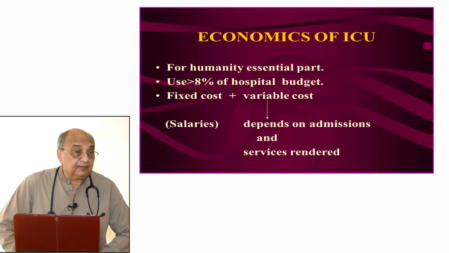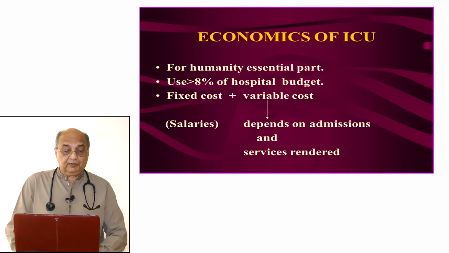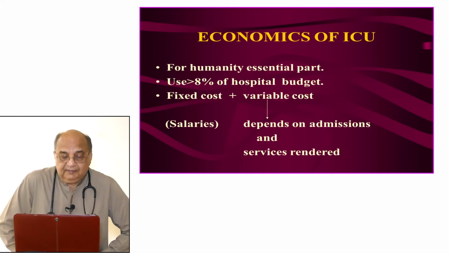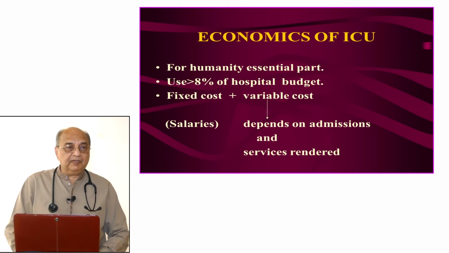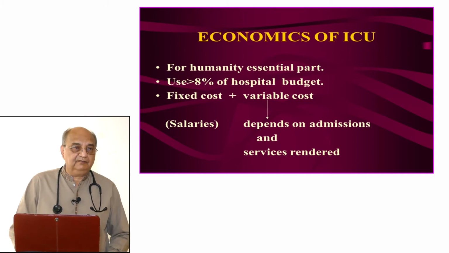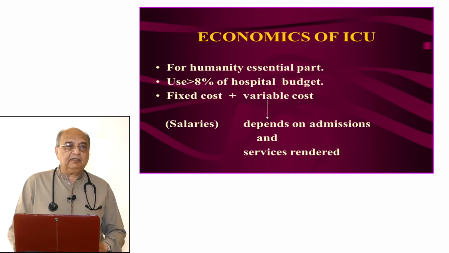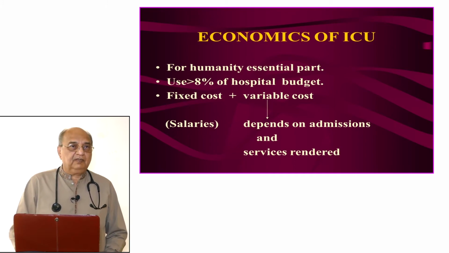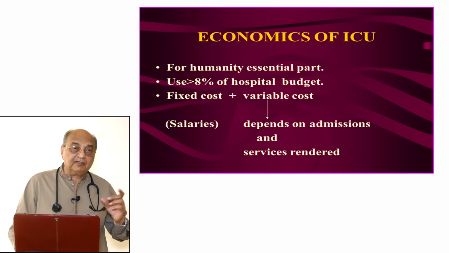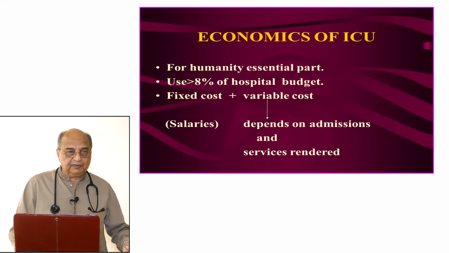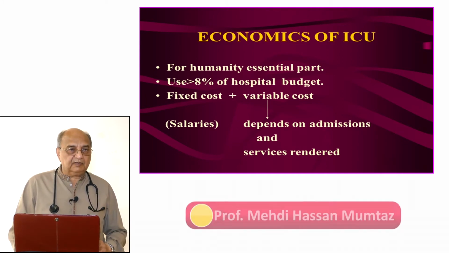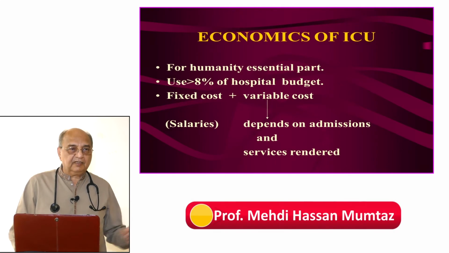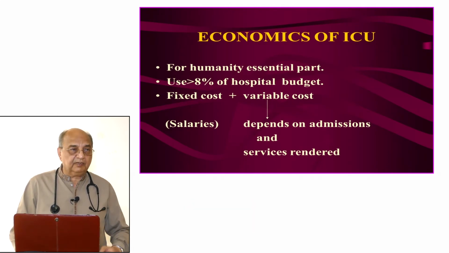Now, economics of ICU. For humanitarian purposes, it's a very essential part of the hospital. Now they are labeling it as critical care units. One of the critical care units is the intensive care unit. Others are the neonatal intensive care unit, NICU, then the pediatric intensive care unit, PICU. Dialysis is also a critical care unit, accident and emergency is also a critical unit, and the coronary care unit is also a critical care unit.